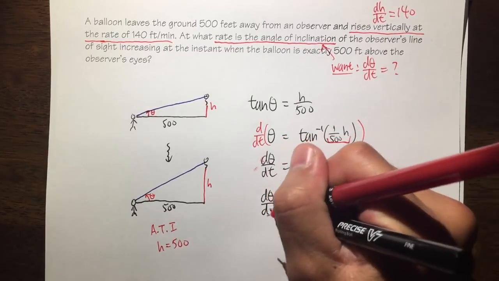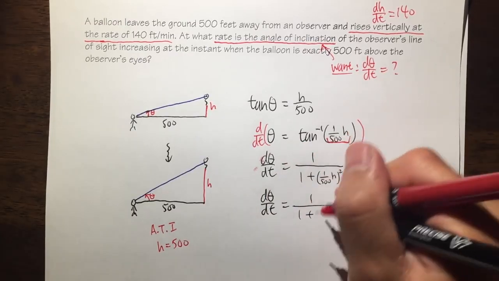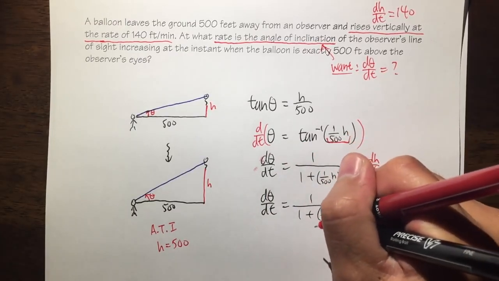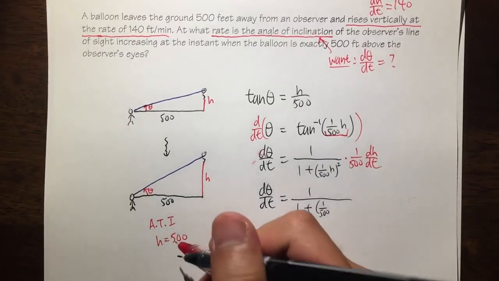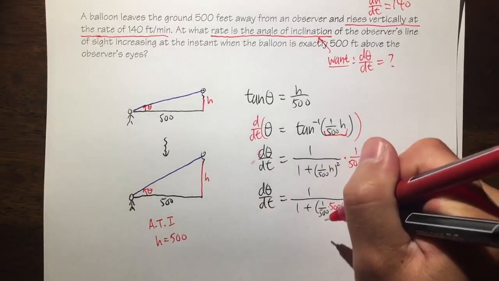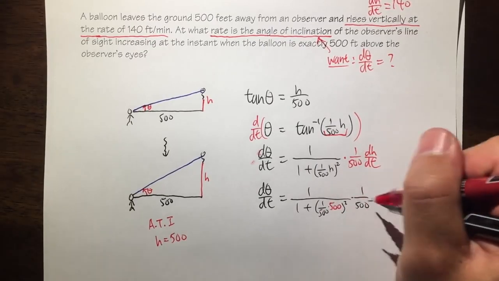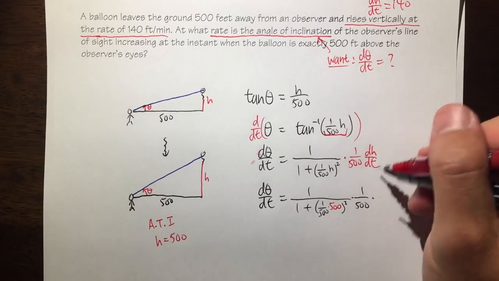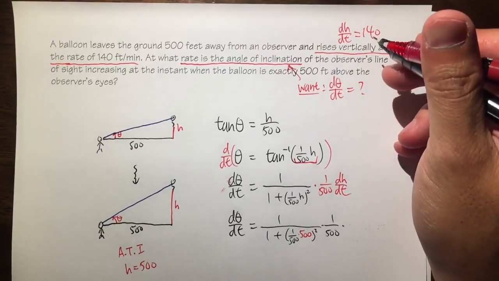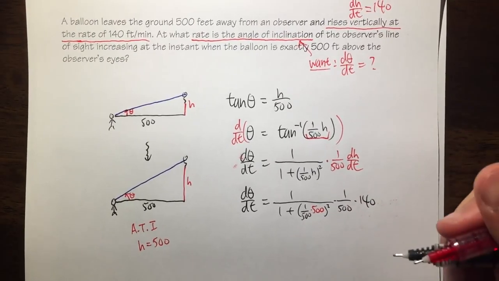We have d theta/dt equal to 1 over 1 plus 1 over 500, and h is nicely equal to 500, so put that in right here and square that, and then we have another 1 over 500, and dh/dt was given to be 140, so we multiply by 140 right here.